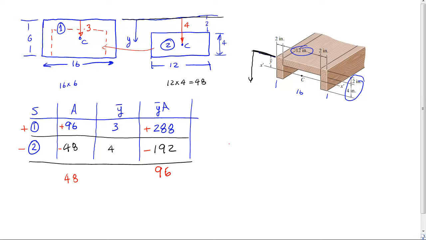And we know that Y bar is equal to the sum of Y bar A over sum of area, even if there is a negative area. So this means the total here would be 96 over 48, or 2 inches, just like the other problem.